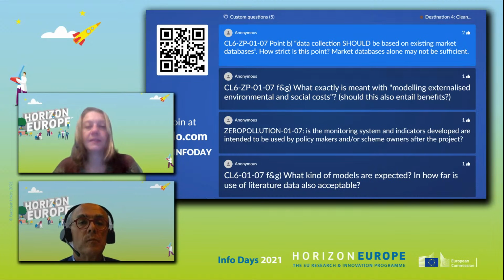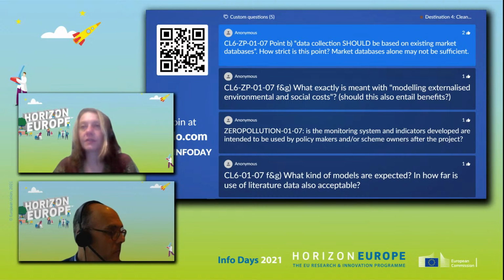So I think that in any case, consolidated market databases should be taken into consideration. And then, if not enough to assess these figures on the volumes of the trade of biological resources and bio-based materials, some other consolidated database should be considered, but of course, at least some market databases.